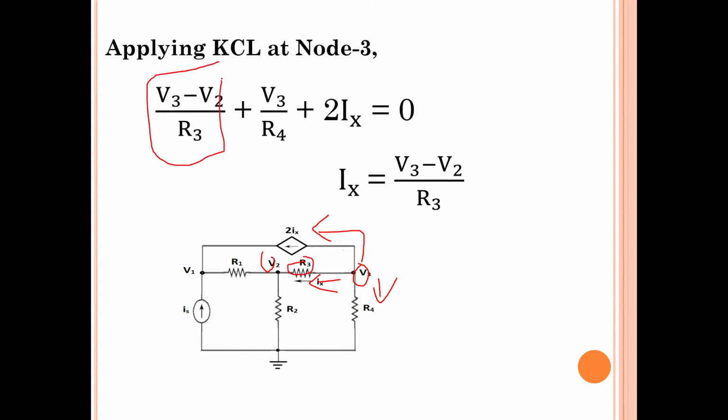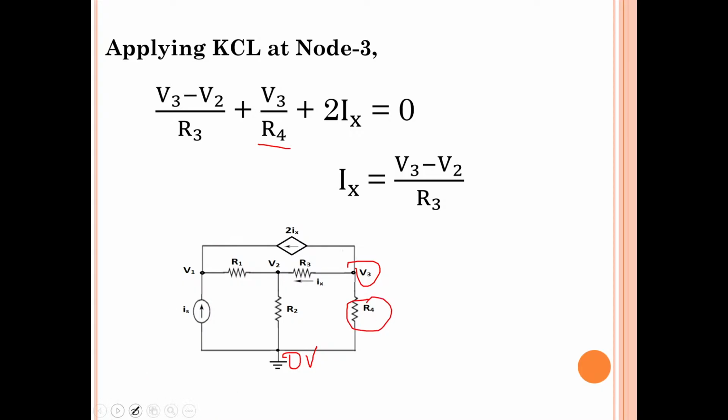Next, V3 minus 0 volts, V3 minus V4 by R4, that is the next equation, V3 minus 0 by R4. Next one is what? In this branch, only a current source is there. Whatever the current source magnitude is, you just write it down: 2Ix.